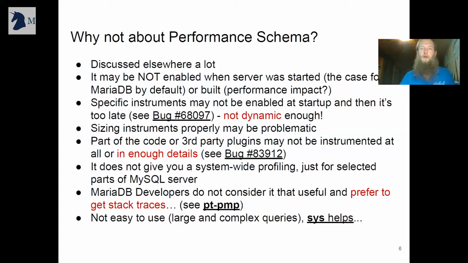So my main idea was to use the same efficient approach, both for the client software, for MySQL, for the kernel, for all libraries and for everything, as Linux kernel developers allowed us to do. Also, it's important in my specific cases, it's my own problems mostly, that I do not like to write huge SQL queries that may be needed to get the information from performance schema, and that MariaDB developers prefer to get stack traces, profiles and everything, and not performance schema outputs.